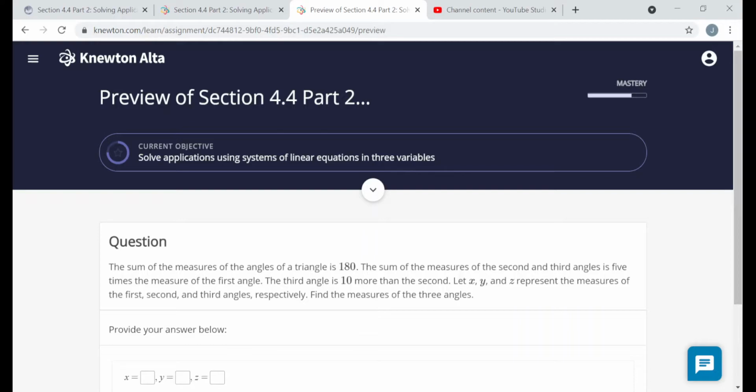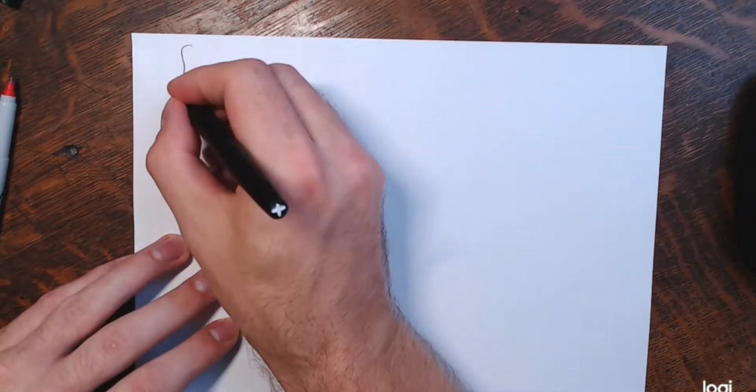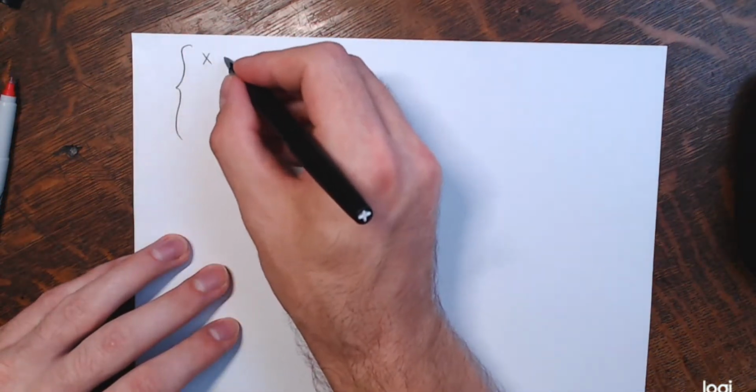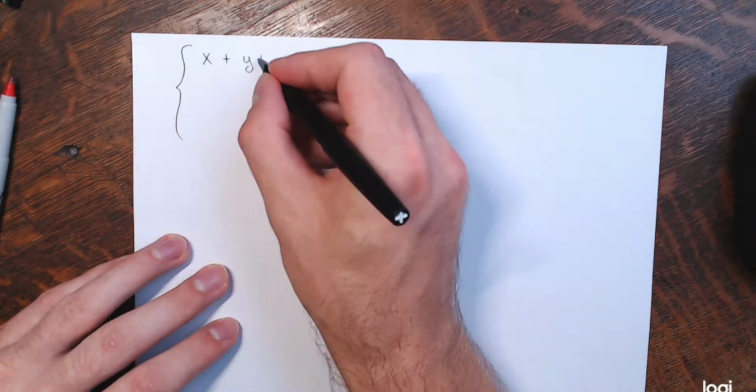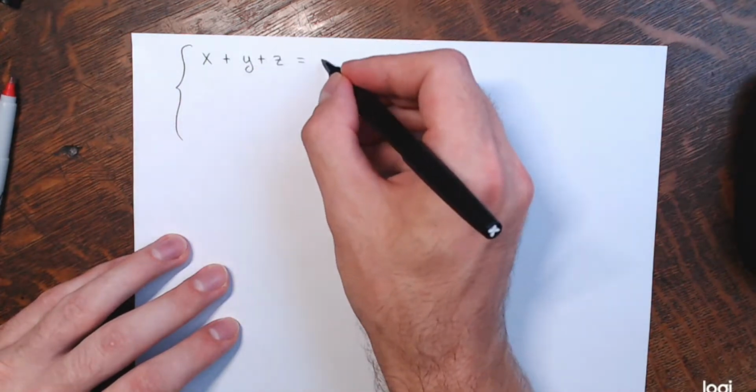So just going to pull the paper up here and we'll write our system. Again, the sum of all three angles, x plus y plus z, is 180.